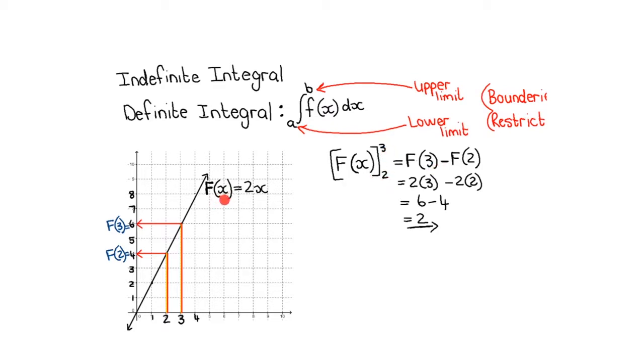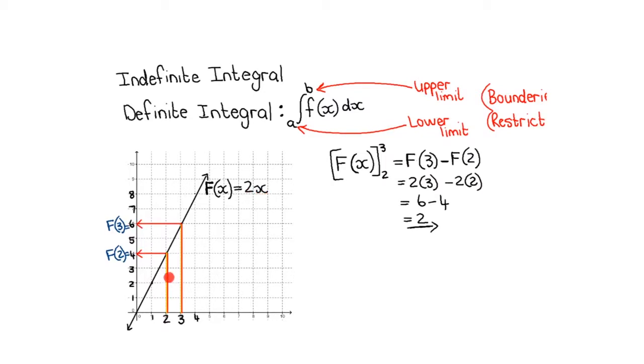So if I want to know what this F of x value will be for x values between 2 and 3, then I have to see, with this highest x value 3, the y value that I read off there is F of 3, which is 2 times 3, which is 6.